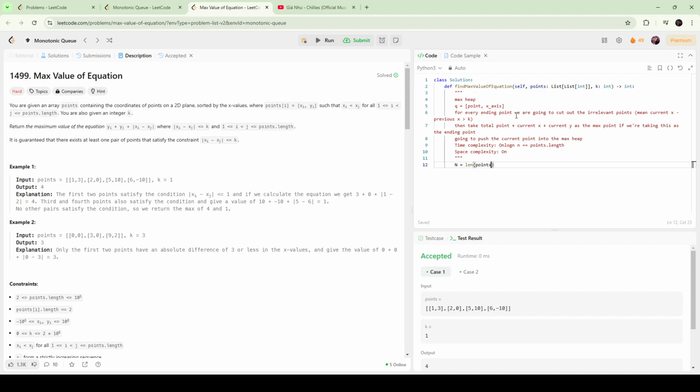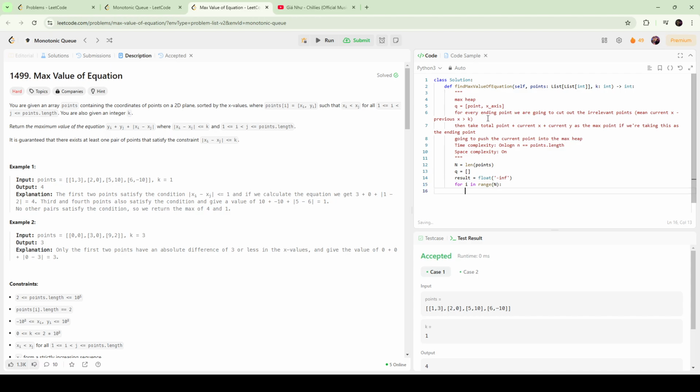We are going to initialize our result value and set it to a very small value, then loop in range n.